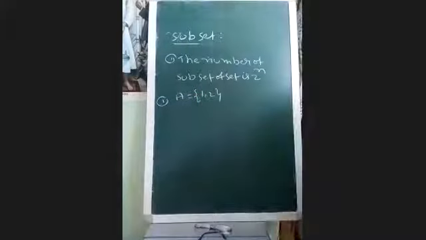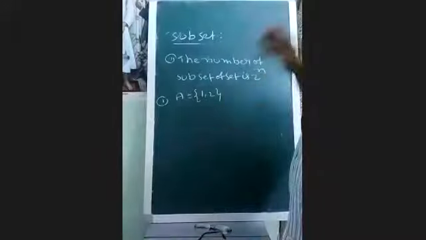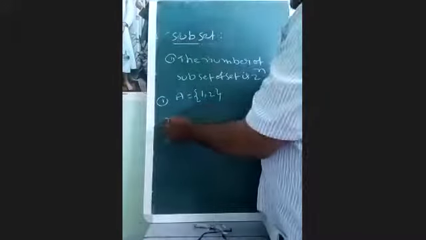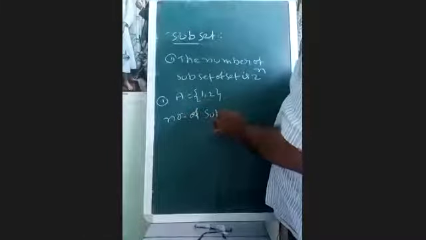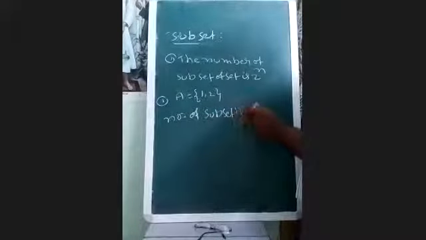They have asked us to find the number of subsets of the given set. The number of subsets is 2 power n.